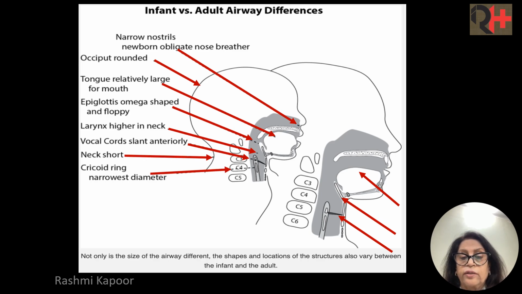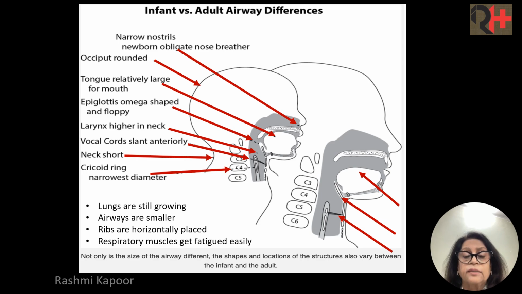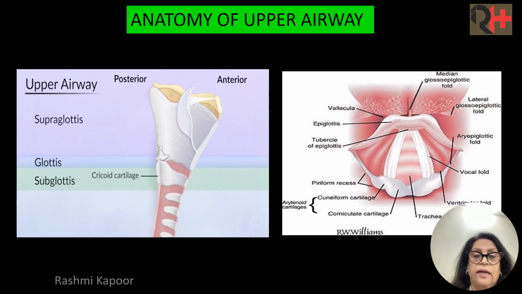The cricoid ring is the narrowest diameter, which is present at the C4 level, whereas the narrowest diameter in adults is at the level of the glottis. The other differences are that the lungs are still growing in infants, all the airways are smaller, and the ribs are horizontally placed, so the respiratory muscles get fatigued easily. So any child would land up in respiratory failure sooner than any adult can.